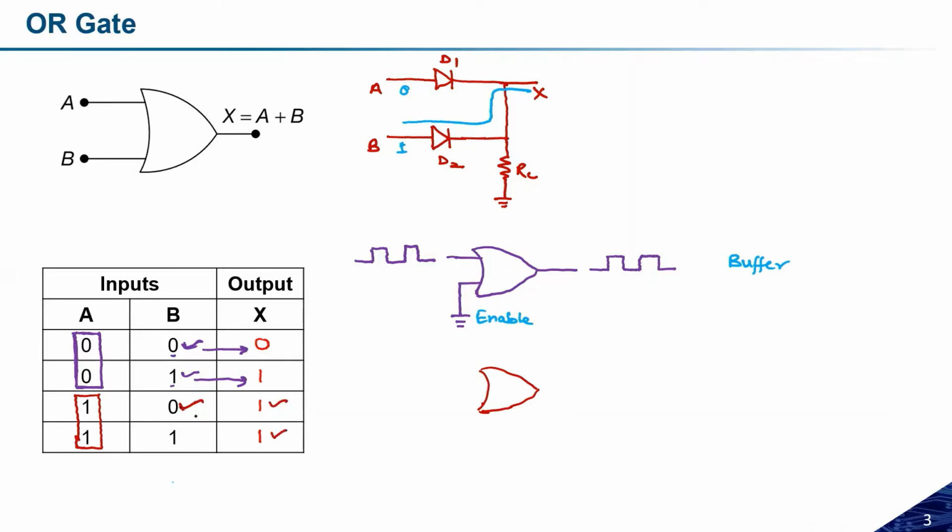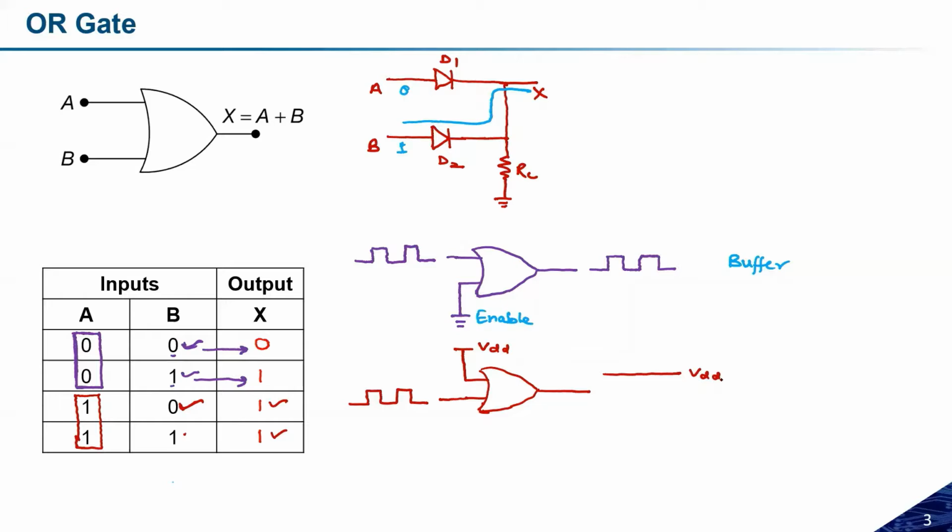Whether the input is 0 or 1 does not matter, right? So suppose I have connected one of the inputs to VDD, then if there is a change in the input, I will always get logic high.